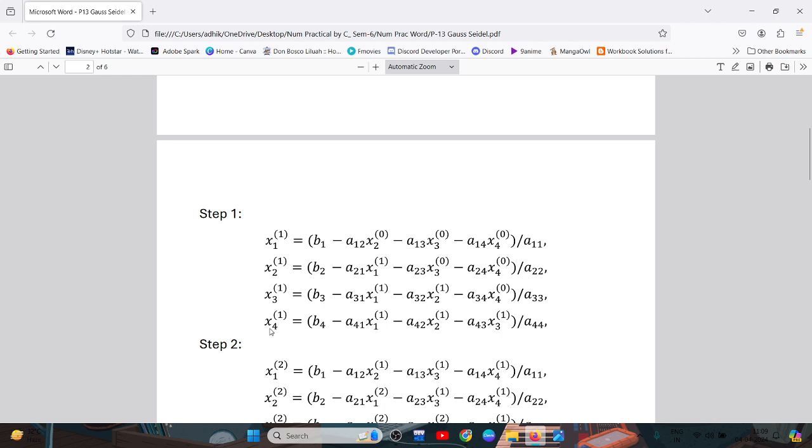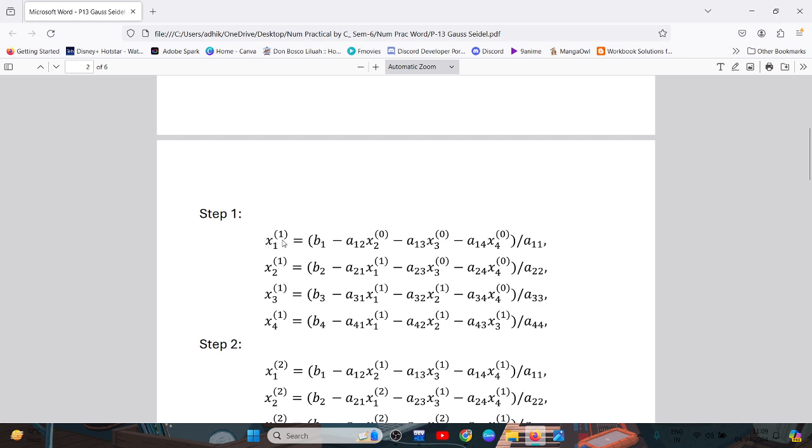And x4 for step 1 is b4 minus a41 x1 1 minus a42 x2 1 minus a43 x3 1. So when we calculate x4, we use x1, x2, x3 from this step.